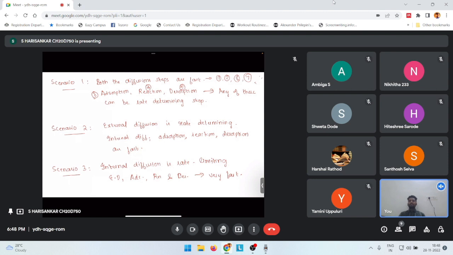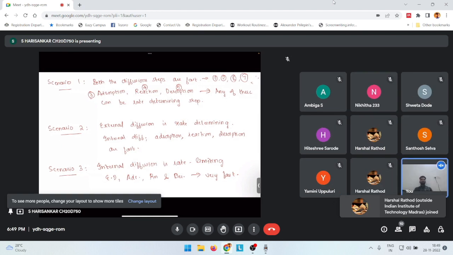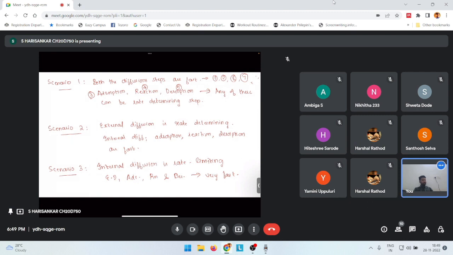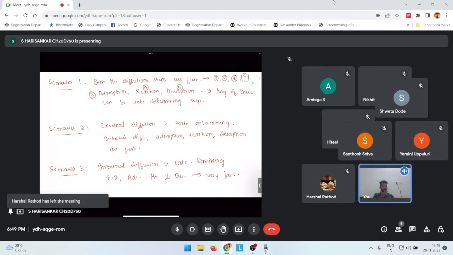And the other two scenarios: one says your external diffusion can be the rate determining step because that is the slowest step, and the other final scenario says your internal diffusion can be the rate limiting step, and all the other steps are very fast. So we'll have to look into these scenarios one by one as different cases. Okay, fine. So let us first deal with scenario 1.